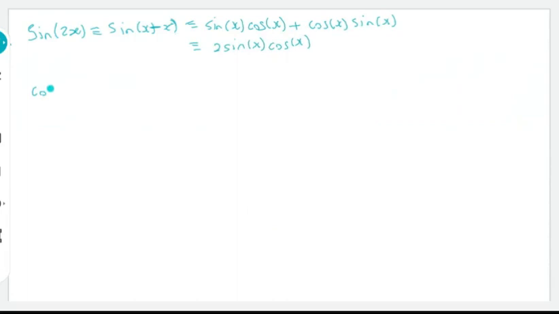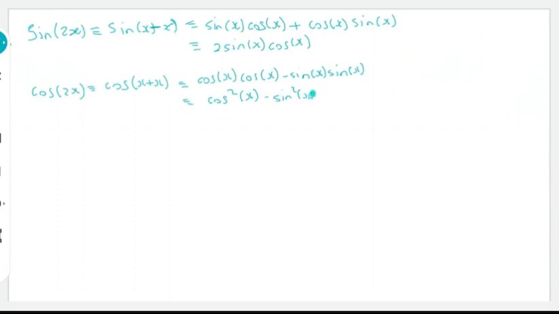Equally with cos 2x, we say that's the same thing as cos of x plus x, which is cos x cos x minus sine x sine x, which simplifies to cos squared x minus sine squared x. We'll come back to that identity because we're going to use it for proving the other stuff.